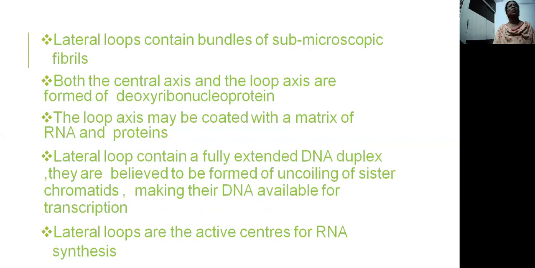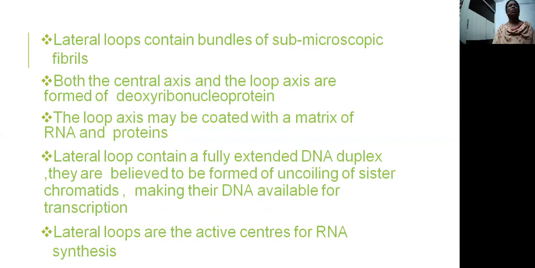Both the central axis and the loop axis are formed by deoxyribonucleoproteins. The loop axis may be coated with a matrix of RNA and proteins. The lateral loop contains the fully extended DNA duplex, the duplicated DNA. They are believed to be formed by uncoiling of sister chromatids and making the DNA available for transcription.